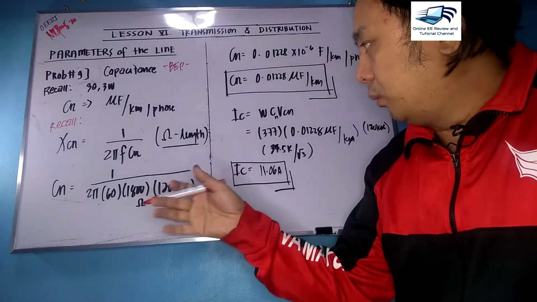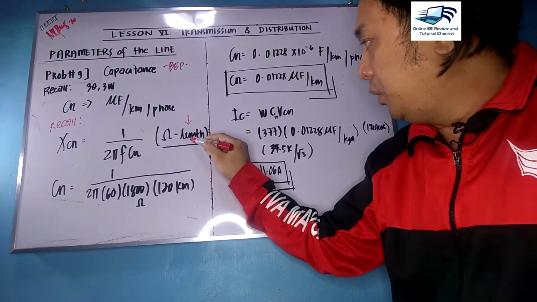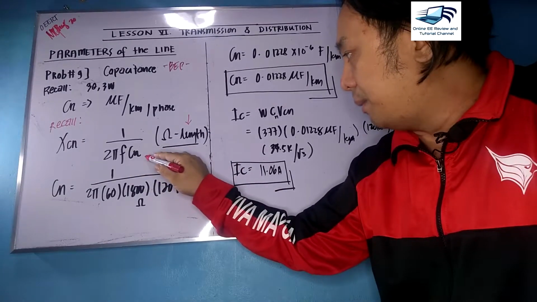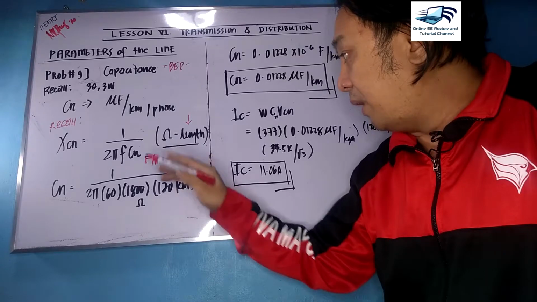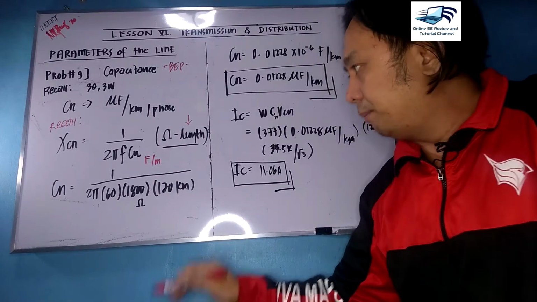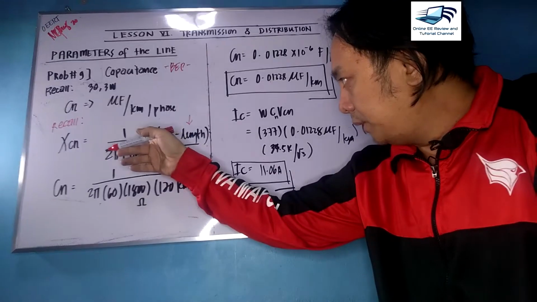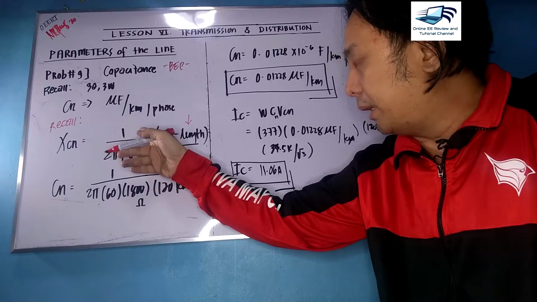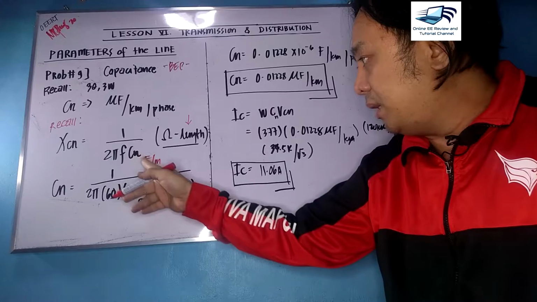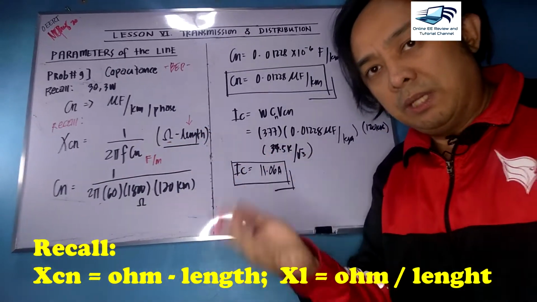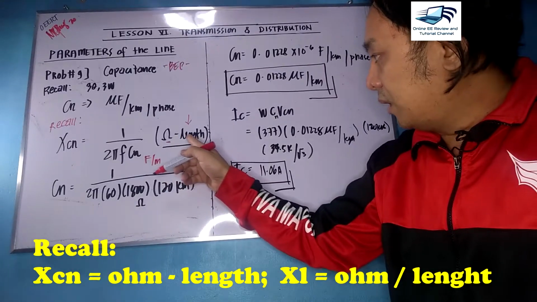Please take note, by the way, the unit is ohm in a unit length. Simply because the Cn here, if you can still recall, for example, is in farad per meter per phase. The meter will go on the numerator part, and 1 over 2 pi f C, which is in farad, the answer is ohm. So thus we can say that it is ohm-length.